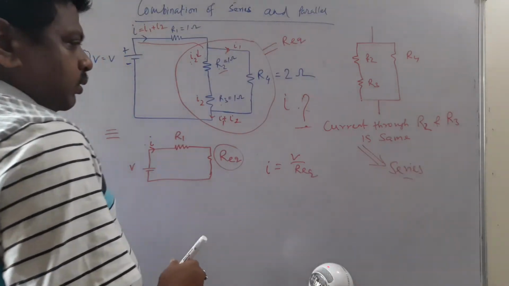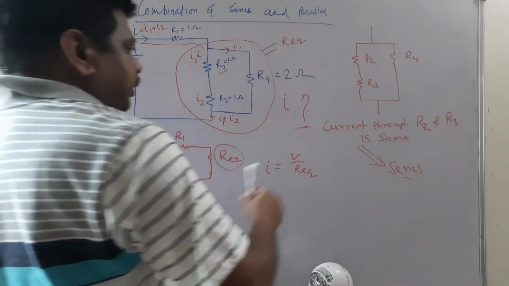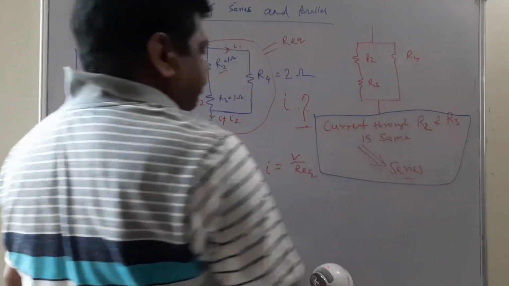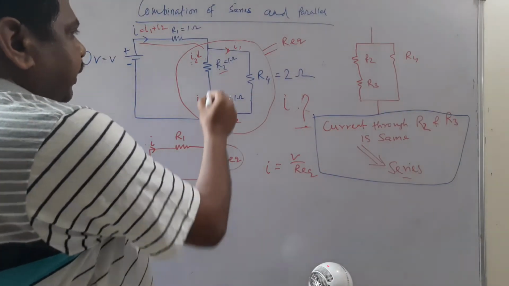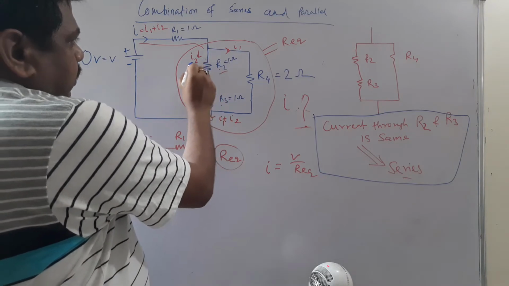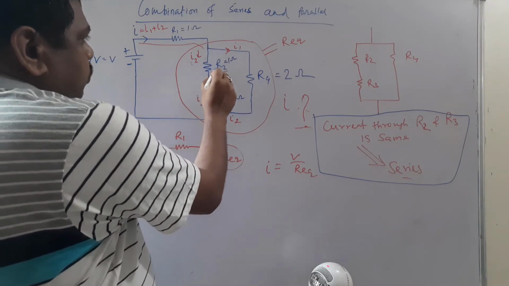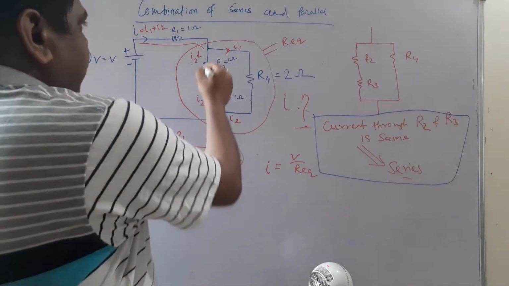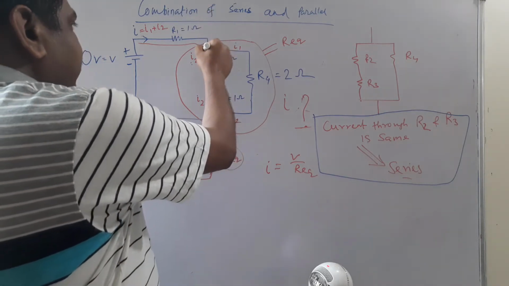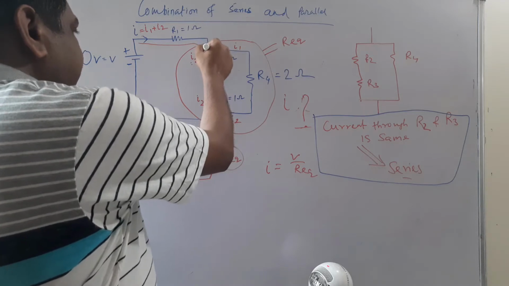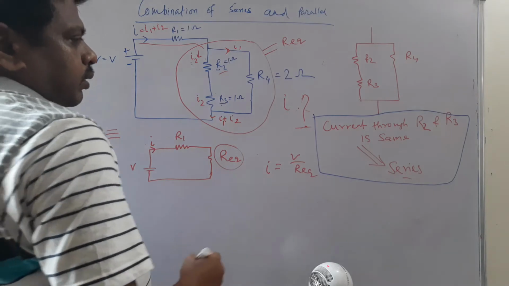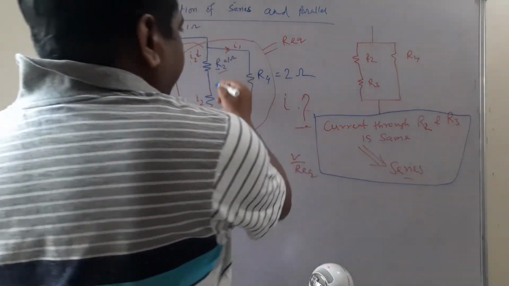Is it clear? This is very important, to differentiate between series and parallel. The current passing through this R2 and in R3 is same, because I told you it's like a flow of water. So the same single conductor, so the current will be the same. So in series directly you can add.